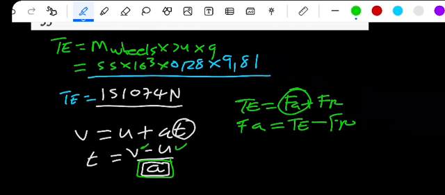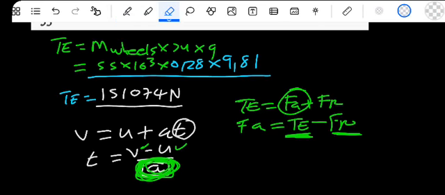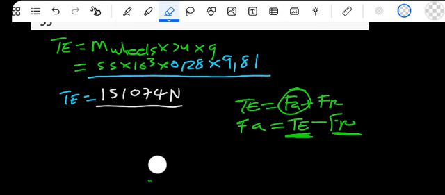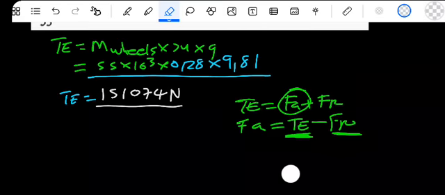That is why we are calculating this TE. If it was not for this acceleration, we would just plug our things in, but we are limited. So we find TE, and now let us find FR.